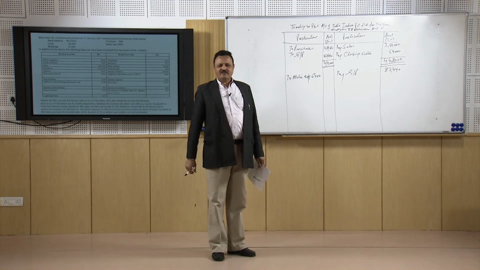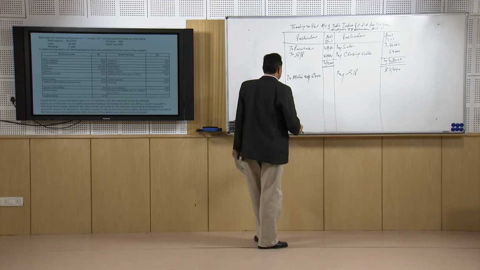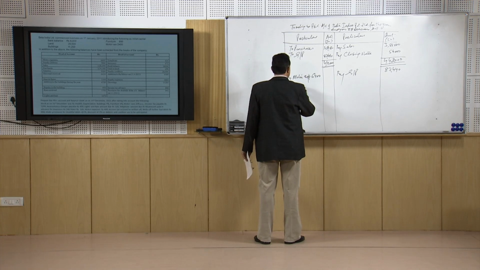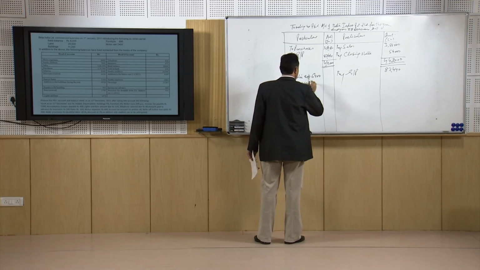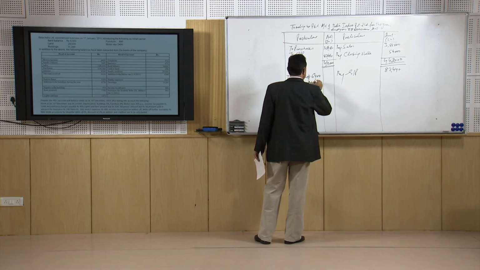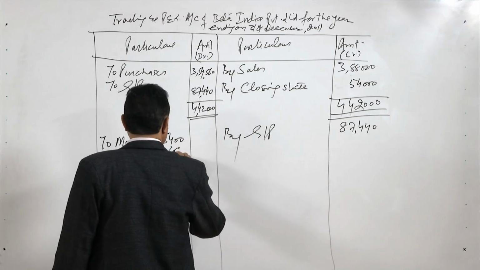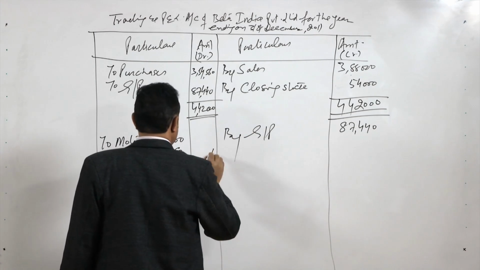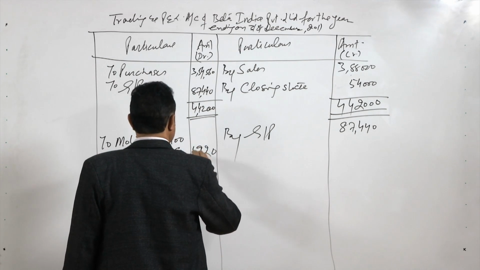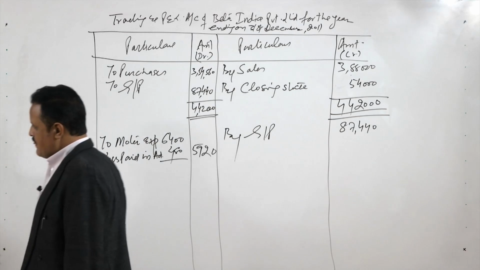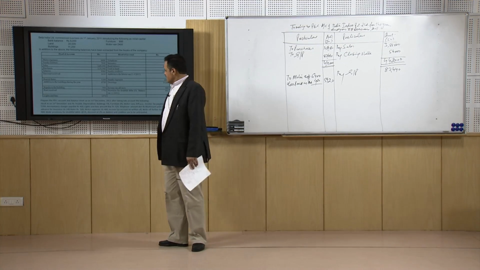If anything in advance has been paid, we subtract it, because that is not due for this year. So less paid in advance 480, and we are left with 5,920. This is the final motor expenses to be taken into account for the current year.